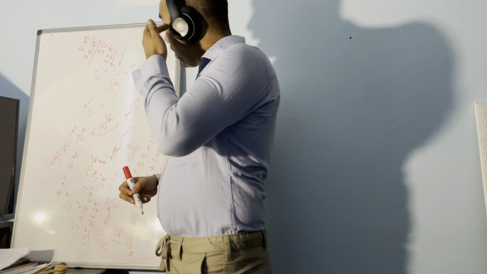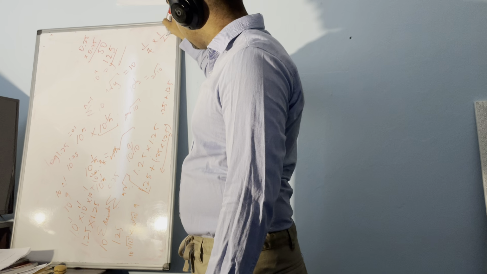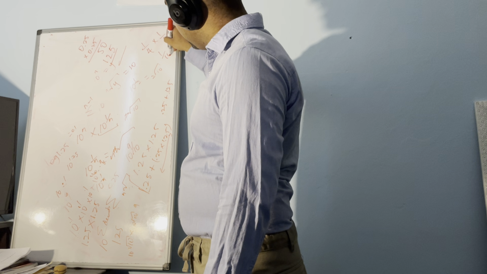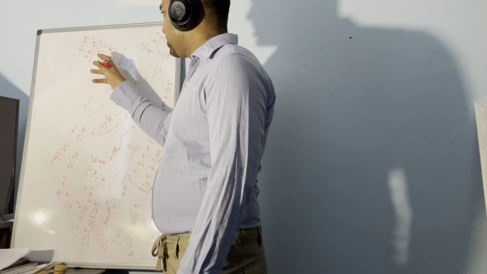One quarter times one quarter is 1/16. So you could do it in a multiplication sense.